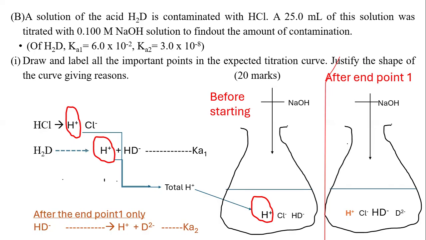What will happen? It will encourage the dissociation of HD minus. Then H plus released by the HD minus will start to react with sodium hydroxide. Write that equation, it's given there with K2. Okay.